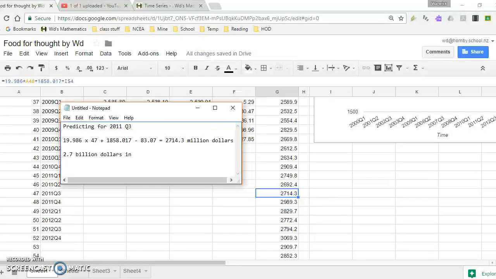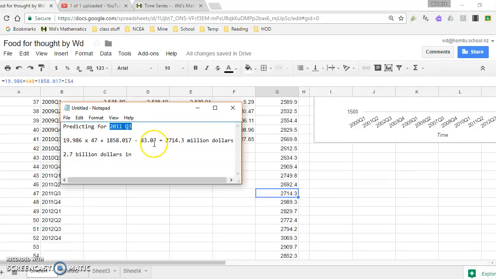So I'll write that out as a sentence. So predicting, just a real quick recap. You choose yourself. You've got to predict for at least one thing in the future. Don't go beyond 1 or 2 years because it starts to get more unreliable the further you go out.